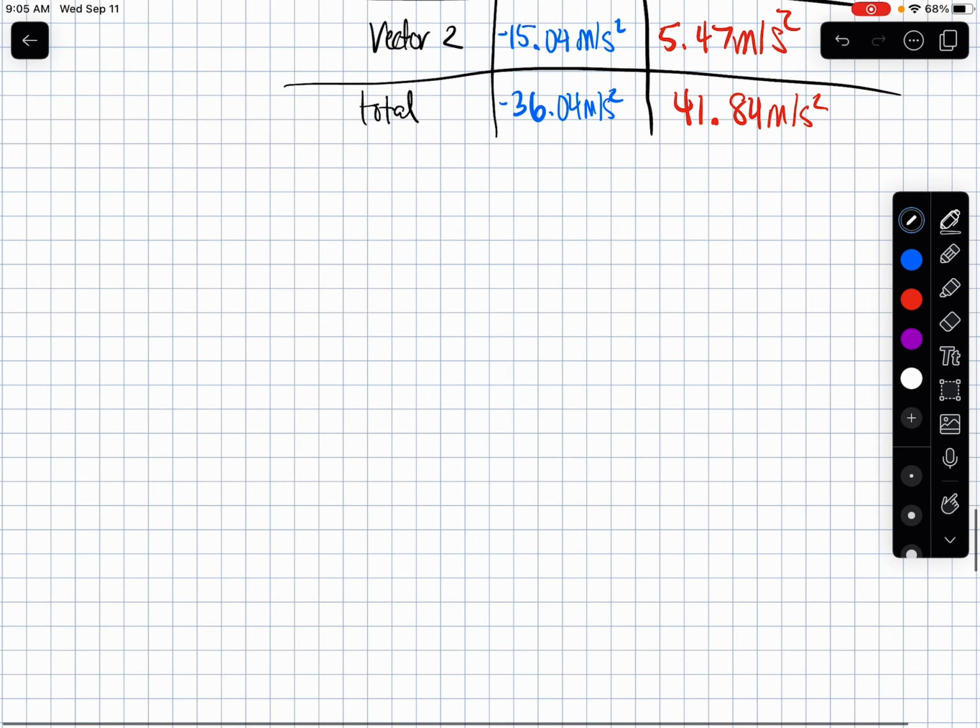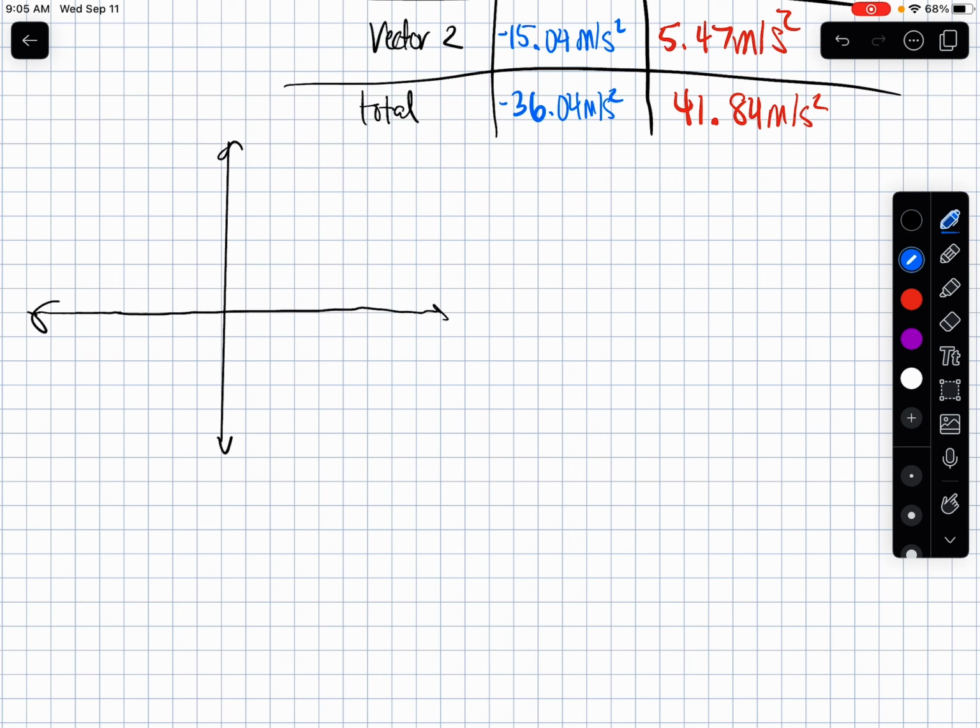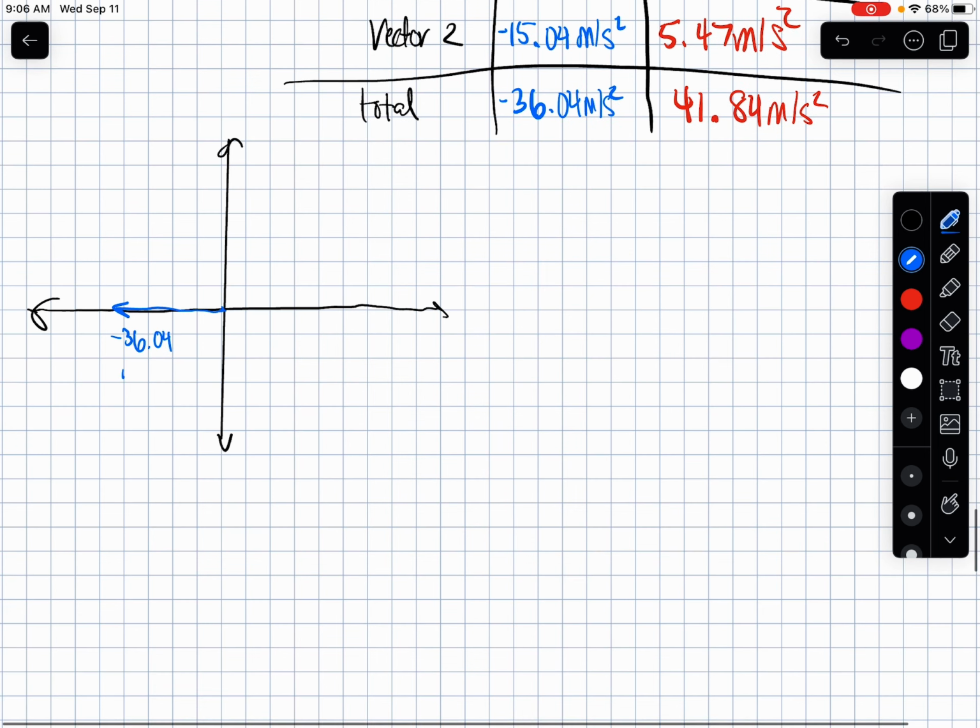Now I'm gonna just draw this out really quickly, okay? Okay, so negative x doesn't go to the right, negative x actually goes to the left, so I'm gonna draw that one in first. Okay, so negative 36.04 meters per second squared. Now a positive y value can go up.